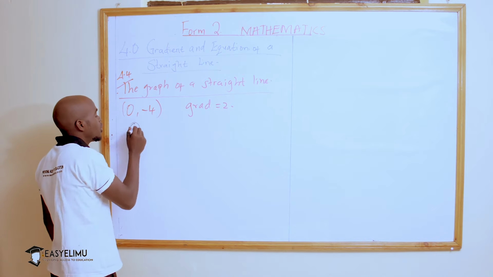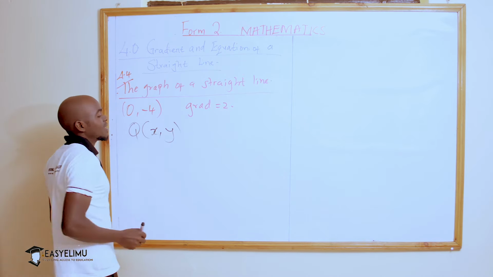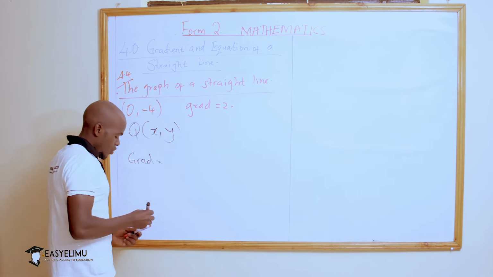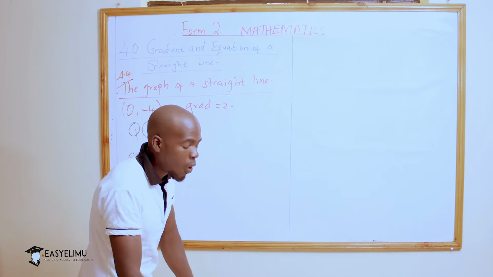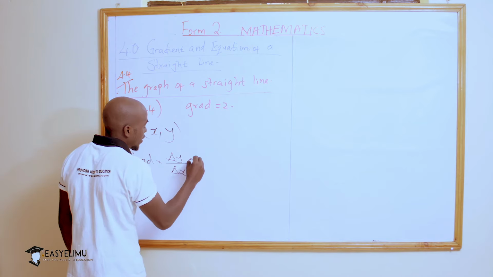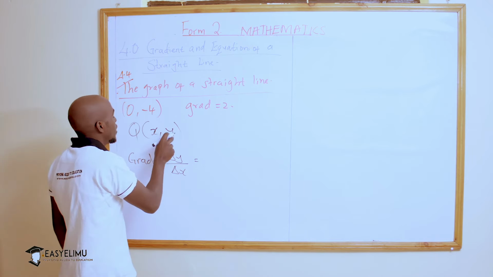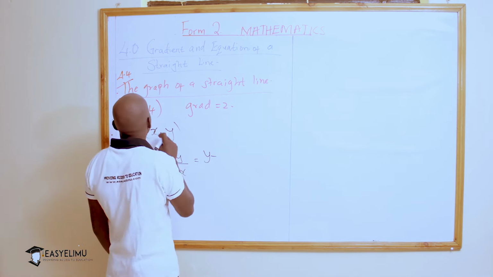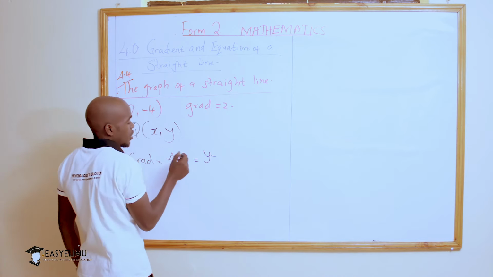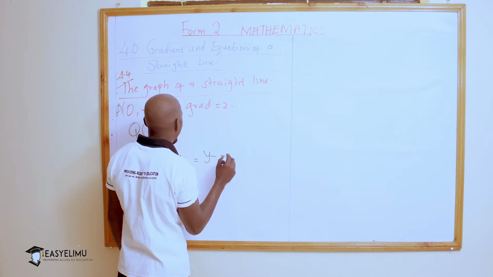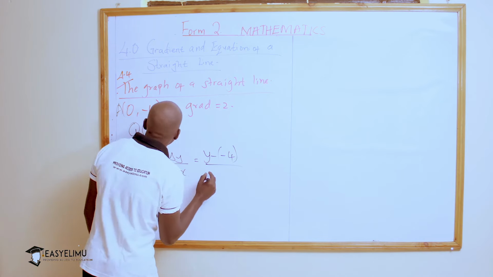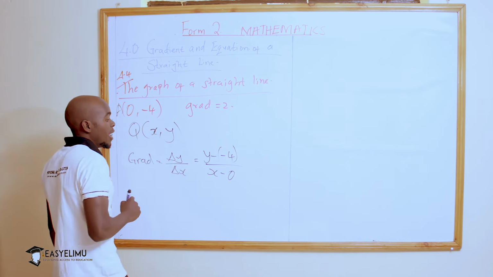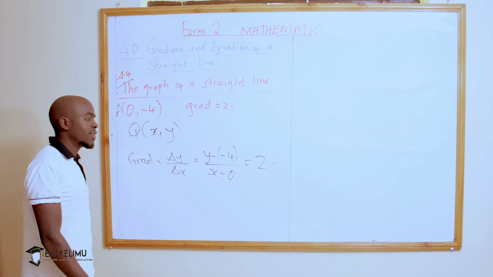So we can choose point Q with the coordinates x and y in such a way that if we compute the gradient, which is changing y over changing x, we shall have the y coordinate of Q minus the y coordinate of this point, let's call it point A, so that will be minus 4, and then the x coordinate of point Q minus the x coordinate of point A will give us 2, because that is our gradient.